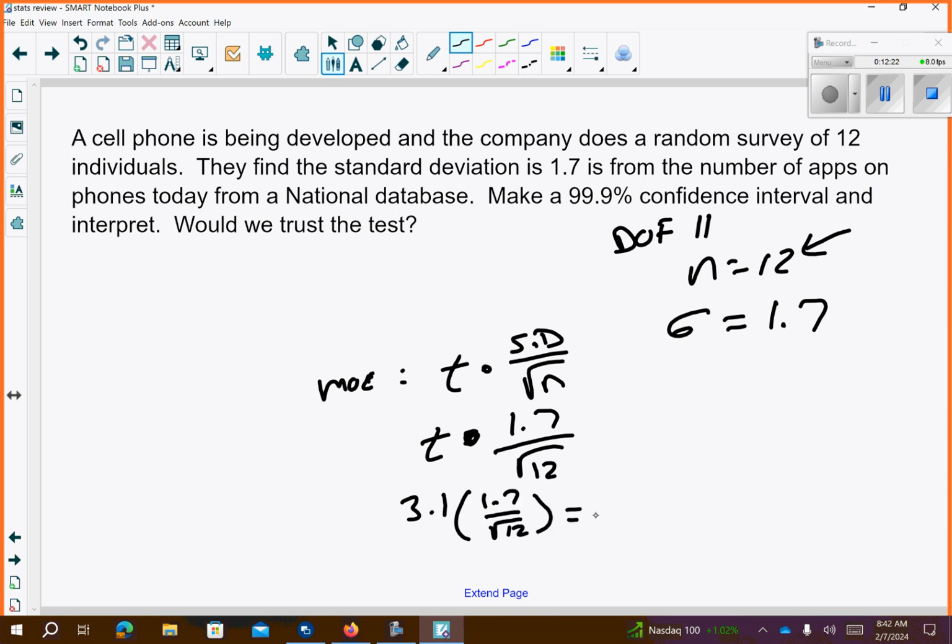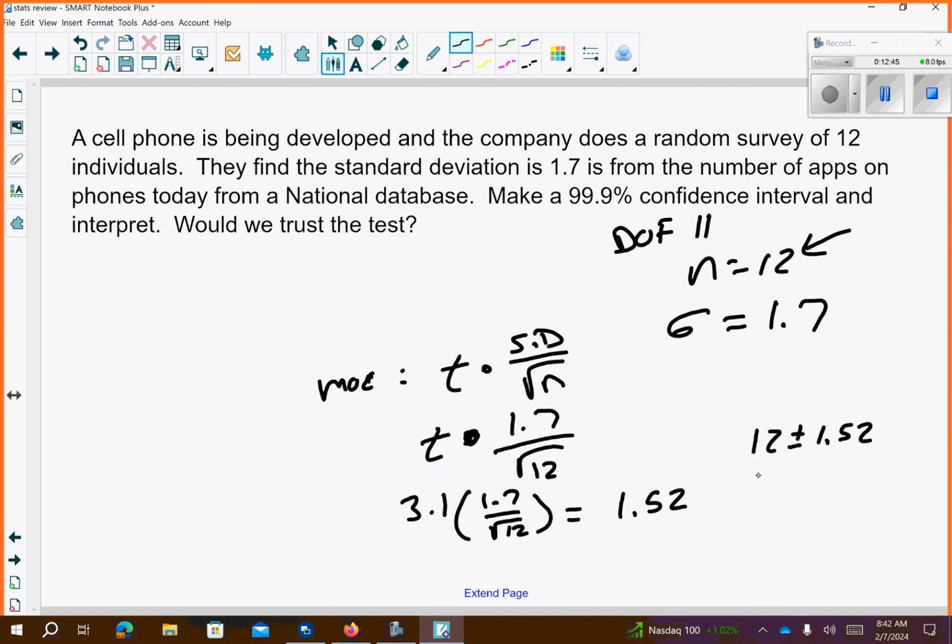What did you get? 1.52. All right. So this is going to be 12 plus or minus 1.52. Did you miss a step?